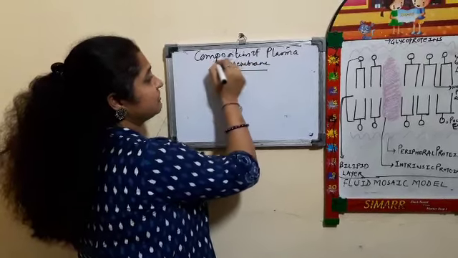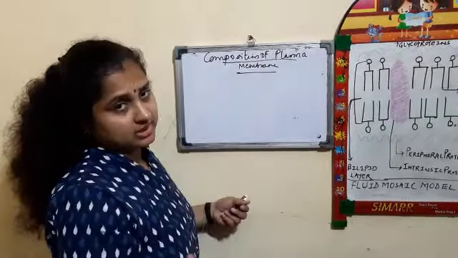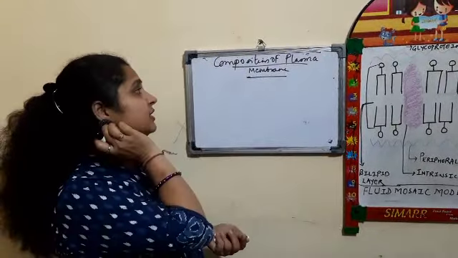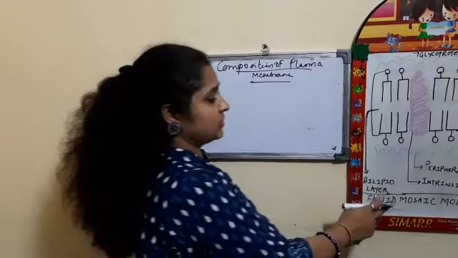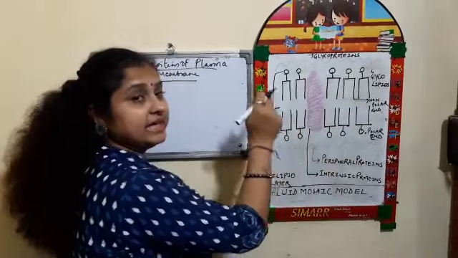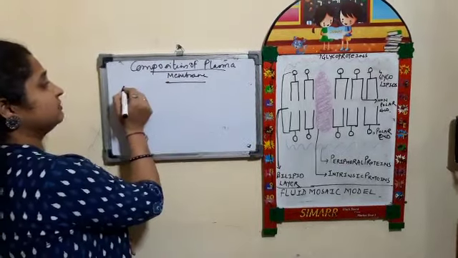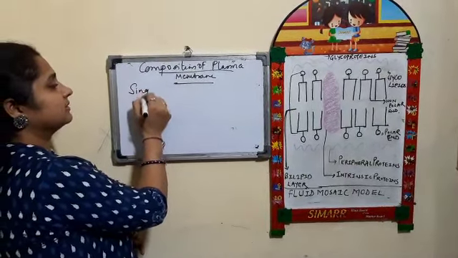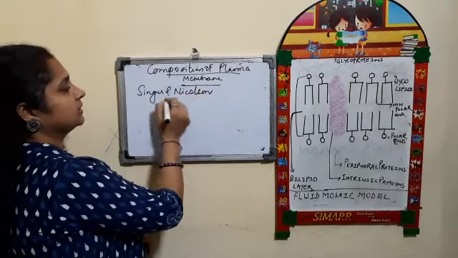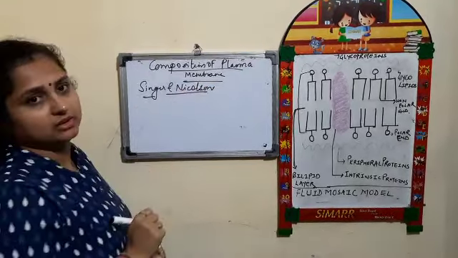So several models were proposed, several studies were done, and lastly it was one model, called the fluid mosaic model, which was the widely accepted model given by Singer and Nicholson. The fluid mosaic model. Fine.